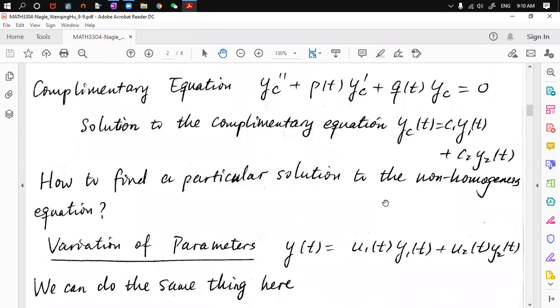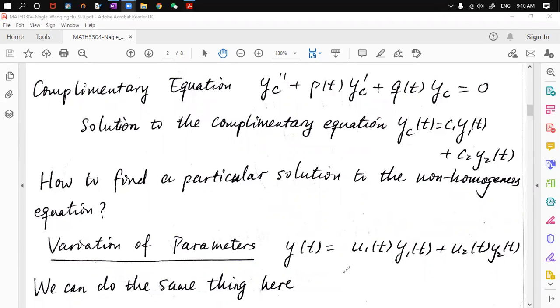Then you find the particular solution to the non-homogeneous equation by the method of variation of parameters, which means you vary the parameter c1 into a function u1 of t, and the parameter c2 into a function u2 of t, right? So if you still remember, there is a nice formula for u1 and u2.